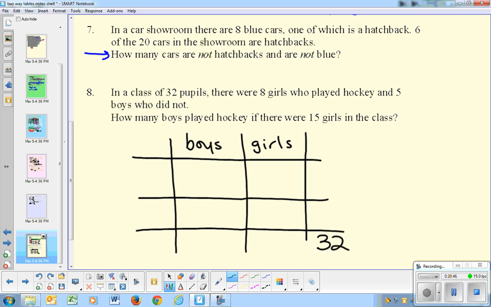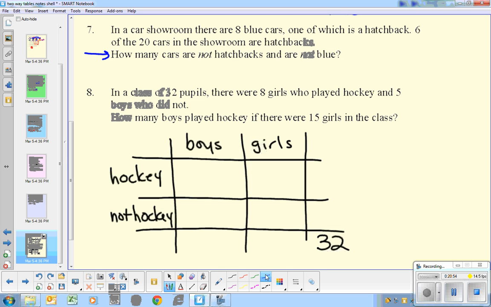Okay, I think that's the setup. There are 8 girls who played hockey. That would be here. And 5 boys who did not play hockey. We want to know how many boys played hockey if there were a total of 15 girls in the class. Okay, so 15 is our total for girls. You guys need to figure out the rest of the table and then answer this question.